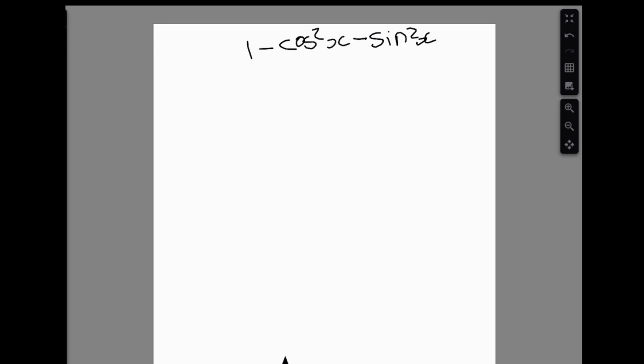So now we need to say that 1 minus, so if we put this in a bracket and said cos squared x plus sine squared x, that would be the same as this.